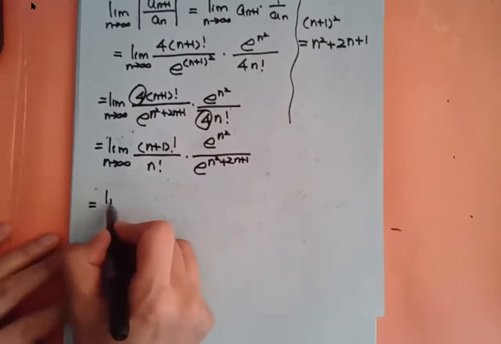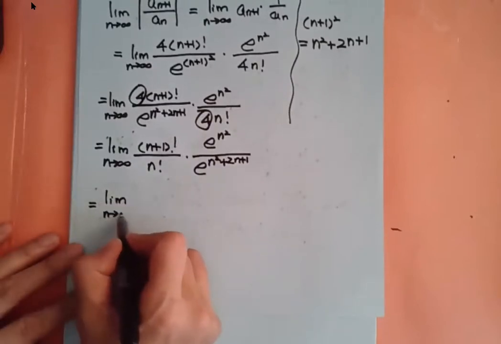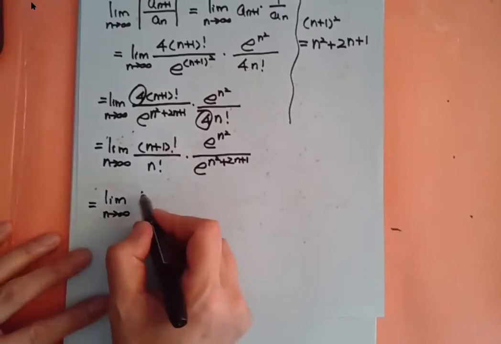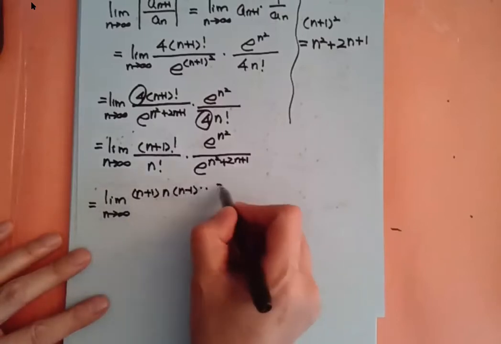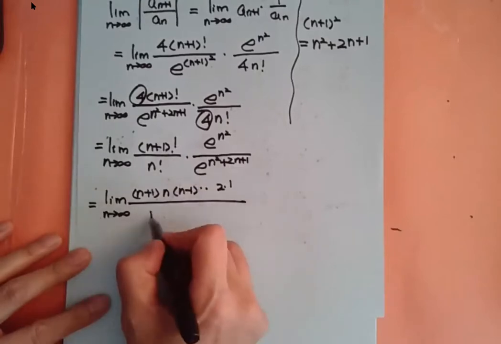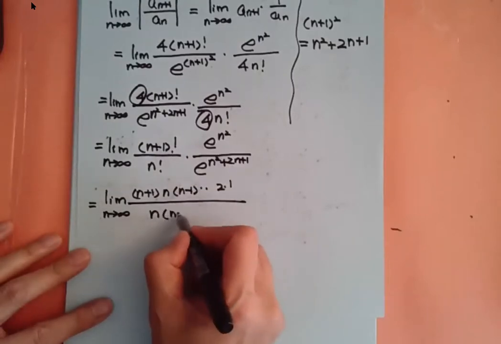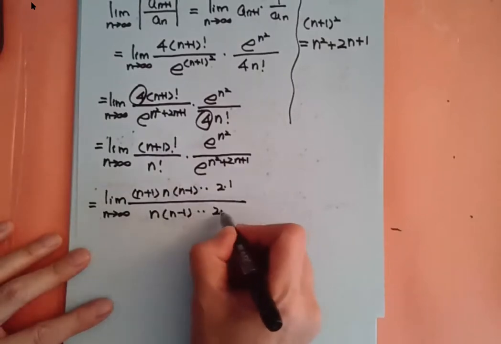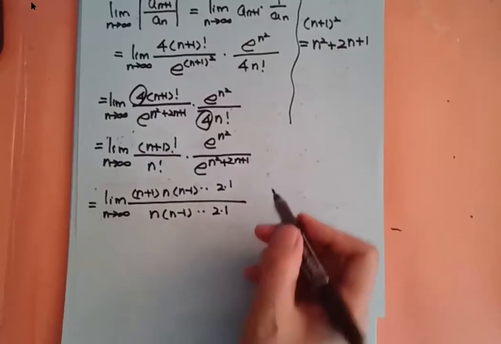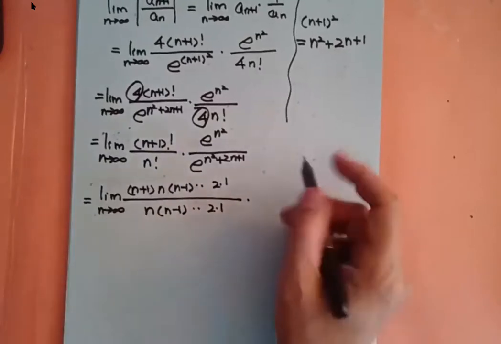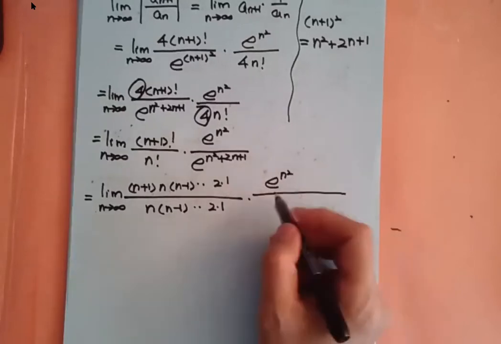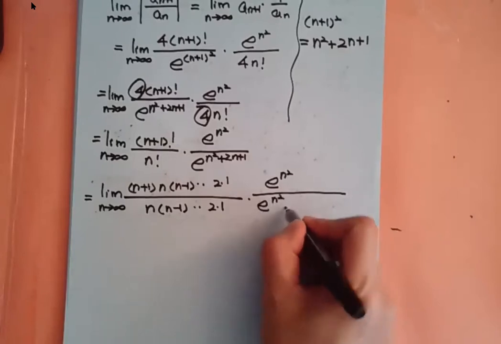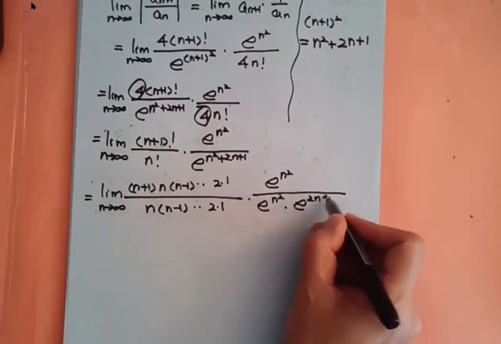So we will do something similar to what we have been doing. N goes to infinity, n plus 1 factorial will be n plus 1 times n times n minus 1 down to 2 times 1, over n factorial, which is n times n minus 1 down to 2 times 1. And then the numerator is e to the n squared over the denominator, which is e to the n squared times e to the 2n plus 1.